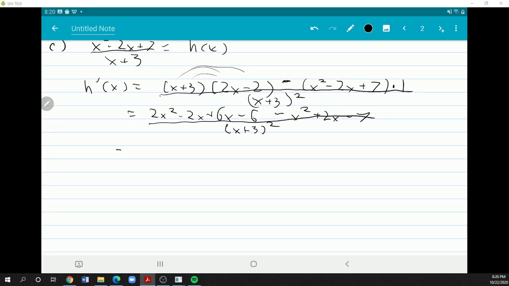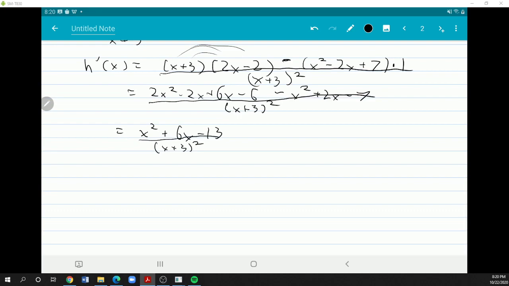Now let's combine like terms. 2x squared minus x squared is x squared. Minus 2x plus 6x is 4x. Plus 2x is 6x again. The 2x is basically canceled. And then minus 6 minus 7 gives me minus 13 over x plus 3 squared.